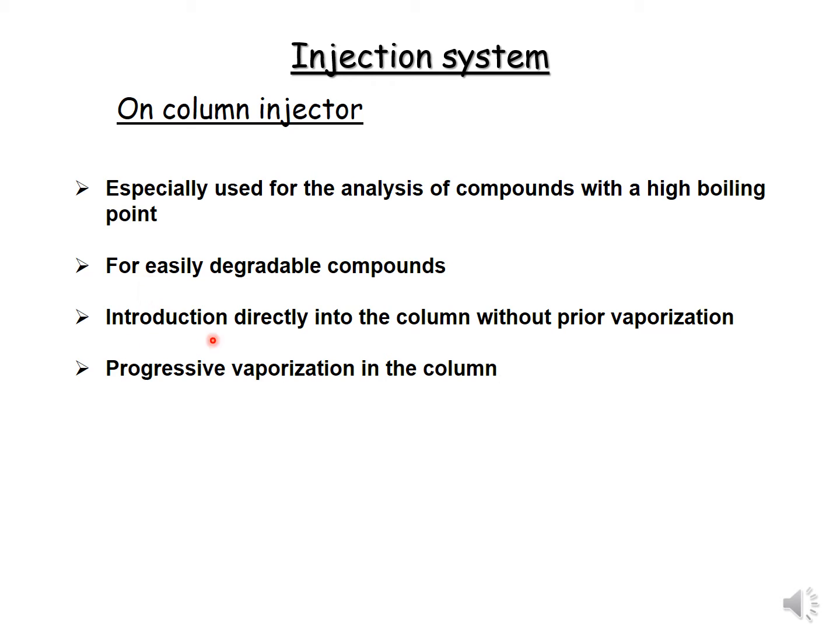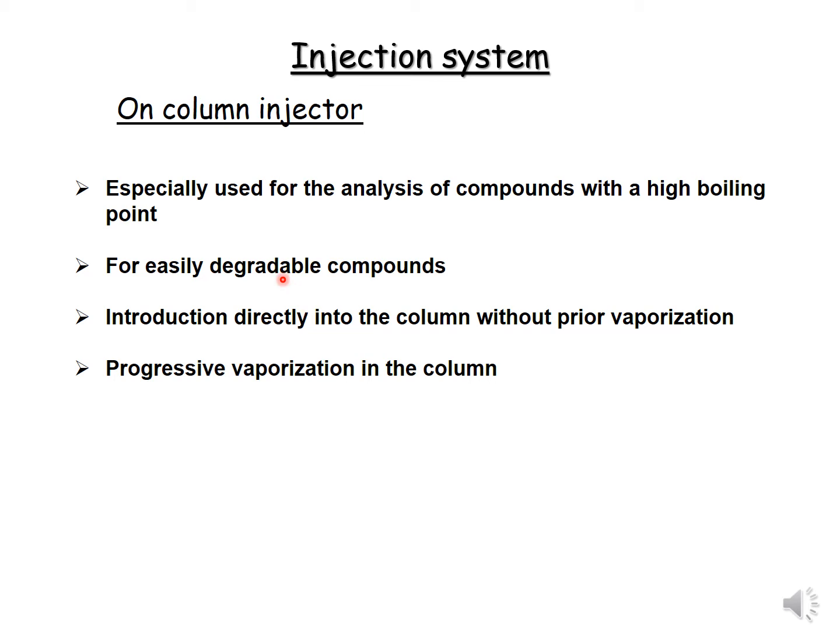So there is an introduction directly into the column without prior vaporization, and then we have a progressive vaporization in the column. The difference between the direct injector and the on-column injector is that in the direct injector you have the glass liner, remember the glass liner, the septum, and you perform the volatilization first in this glass liner before the transfer to the column.